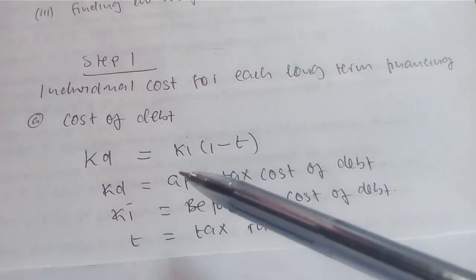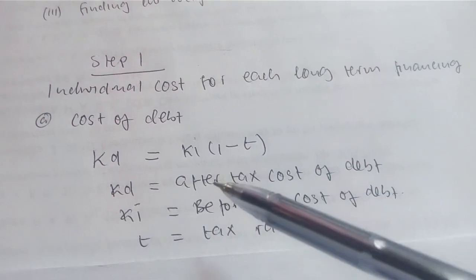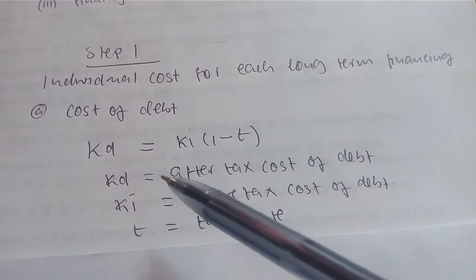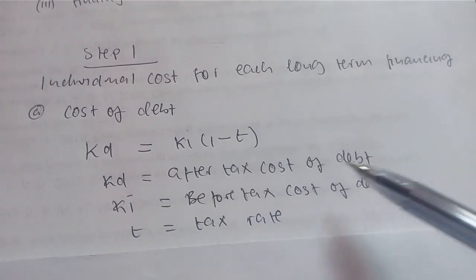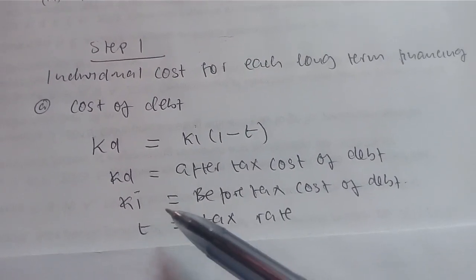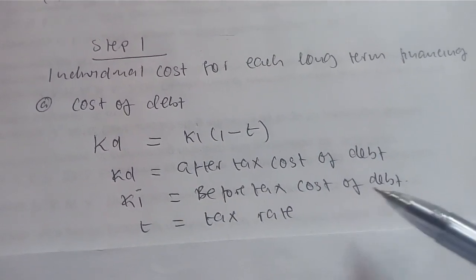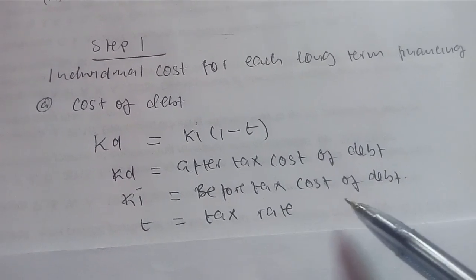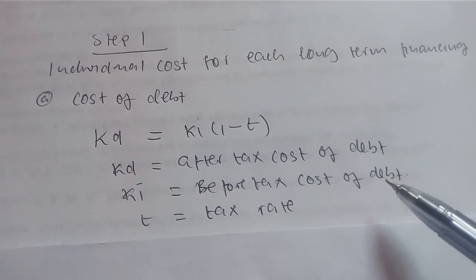Let's break down the components of this formula. KD represents the after-tax cost of debt, KI is the before-tax cost of debt, and T is the tax rate which is applicable.